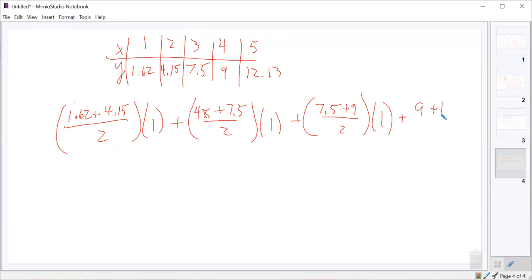And then you do 9 plus 12.13 divided by 2 times the length of that subinterval, which is also 1. Does that make sense? Yeah, thank you. And you just do the arithmetic on that. Good or no? All right, I'm gonna assume that's good.